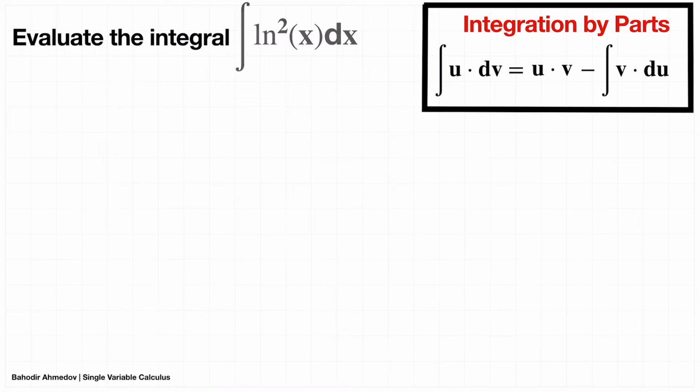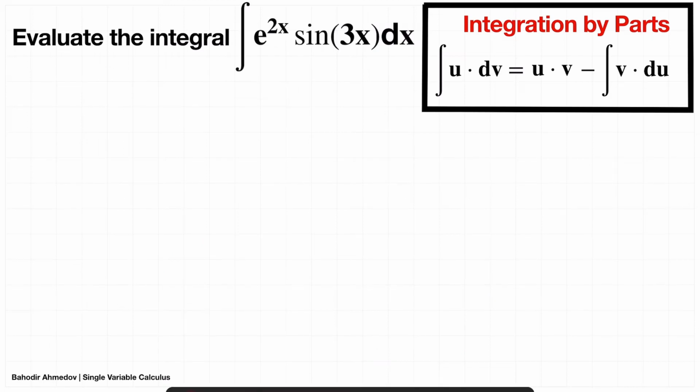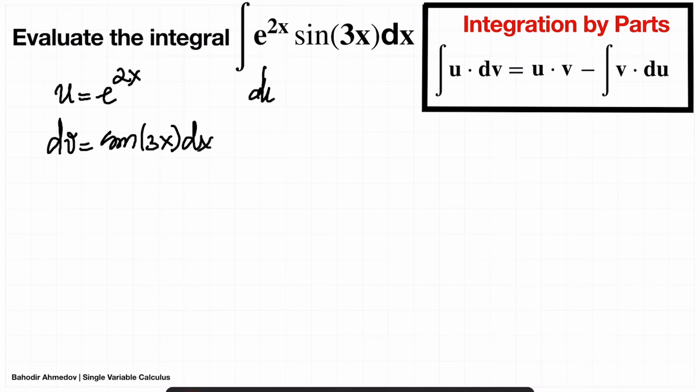So the next problem is going to be even more interesting because we need to do a couple of iterations, and even though we are not going to get the answer explicitly. So I'm going to choose again u to be equal to e to the power of 2x. The rest of the thing, which is dv, is going to be equal to sine of 3x dx. du is going to be the derivative of e to the power of 2x, which is 2 times e to the power of 2x dx, right?